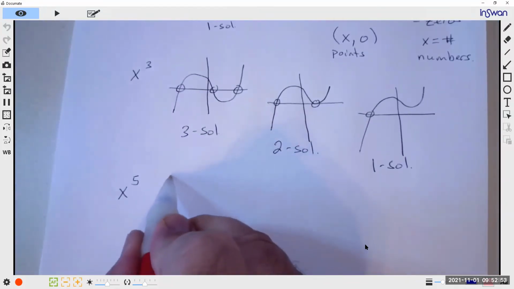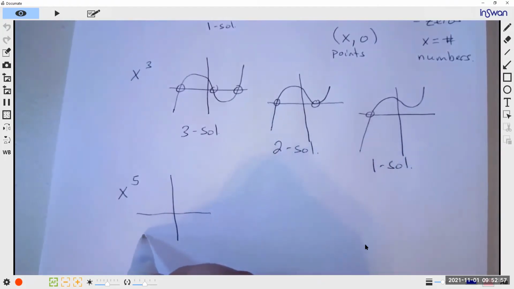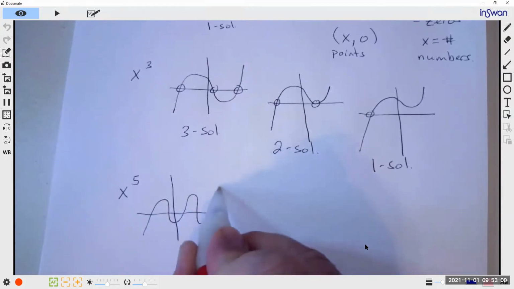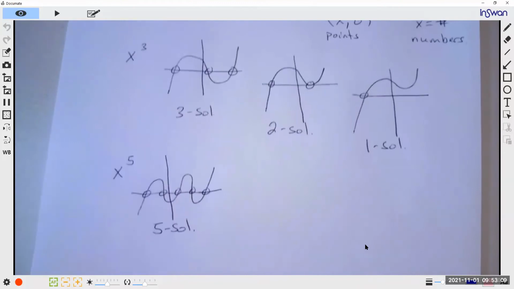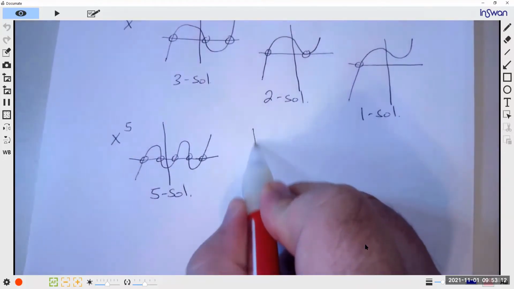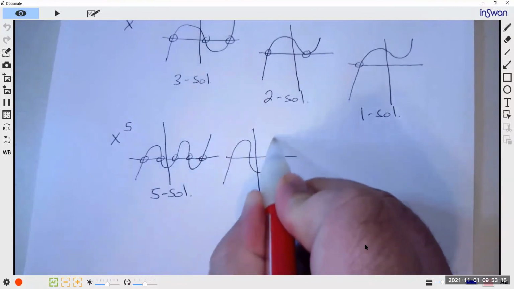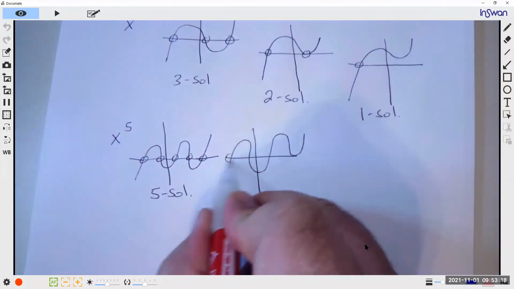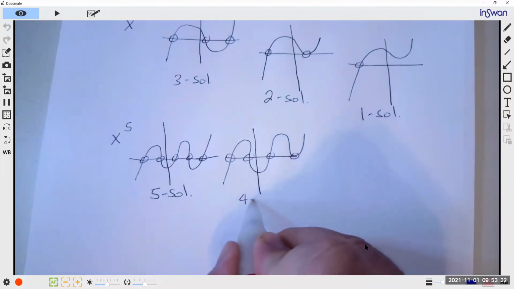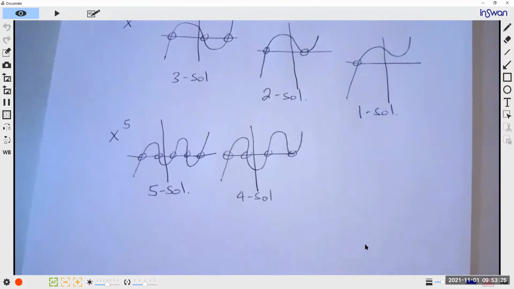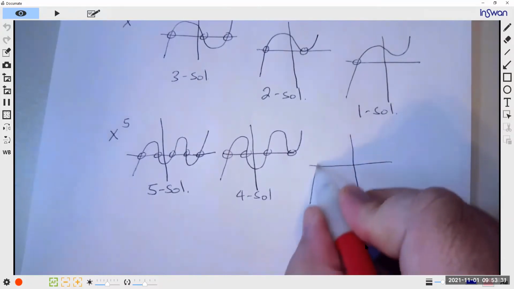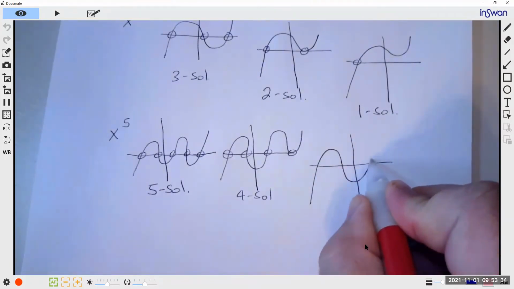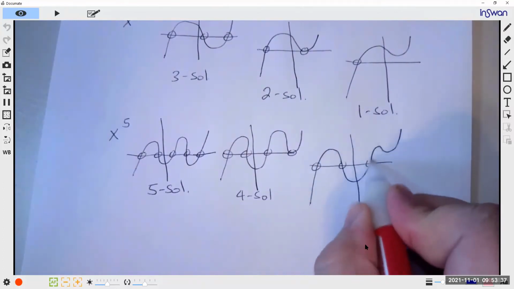X to the 5th. One, 2, 3, 4, 5. One, 2, 3, 4. One, 2, 3 solutions.